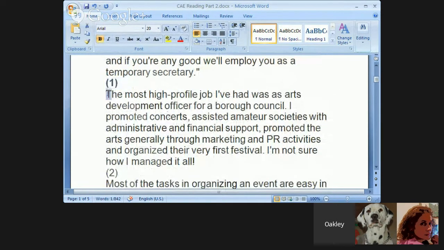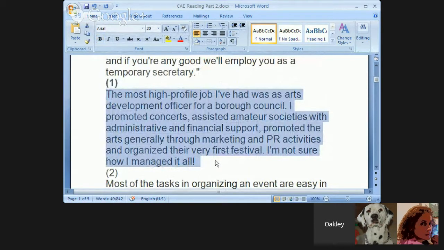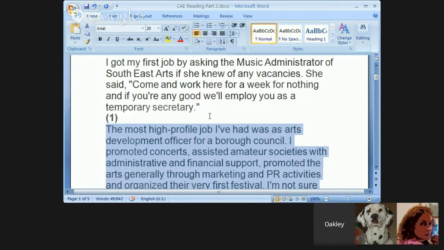So there's probably something like, and that job was temporary, it didn't fit, blah, blah, blah. But probably it's more related to the second paragraph. The most high profile job I had was blah, blah, blah. Because sometimes you just read the first one and look for something related with the first one, it's usually related to the second one more than the first one.